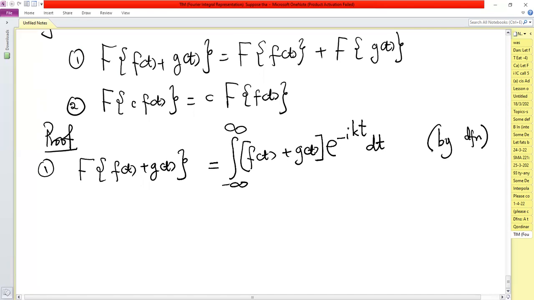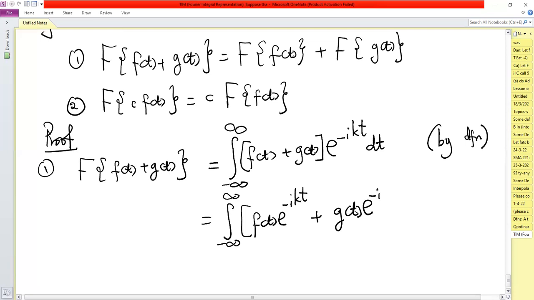So these are the sum of two. Now we can always distribute this exponential function to these two functions. So this will be the same as the integral from minus infinity to positive infinity of f of t multiplied by e raised to the power negative i k t plus g of t multiplied by e raised to the power negative i k t, and then dt.